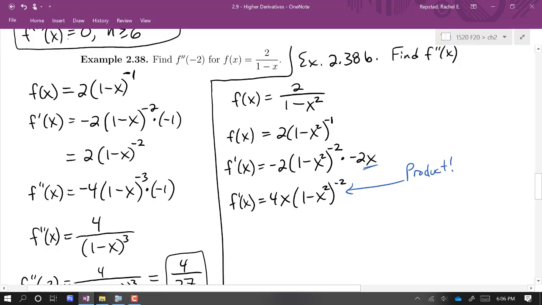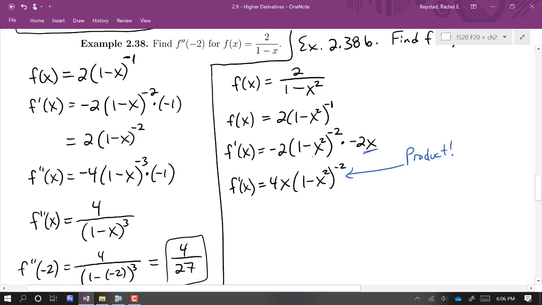So it's important once you find the first derivative to just assess that function fresh, like it's its own function. Assess it, figure out what you need to do to find its derivative. So that's a product rule. Our f function is 4x, so f prime is 4.